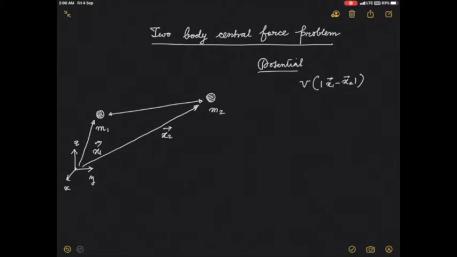So that's the potential. What's the kinetic energy? This is V, and it is 1 by mod x1 minus x2 if it is gravity, but it can be many things in general. And the kinetic energy is simple: half m1 x1 dot square, let me write in vector form for the time being, plus half m2 x2 dot square.